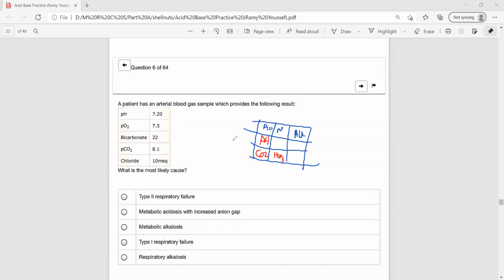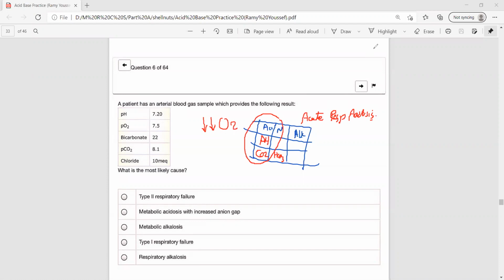Oxygen, CO2, it's important. O2 is low, so it's hypoxic. So this picture is a respiratory acidosis, but is it acute or chronic? It's acute because the bicarb is less than 30. Acute respiratory acidosis.